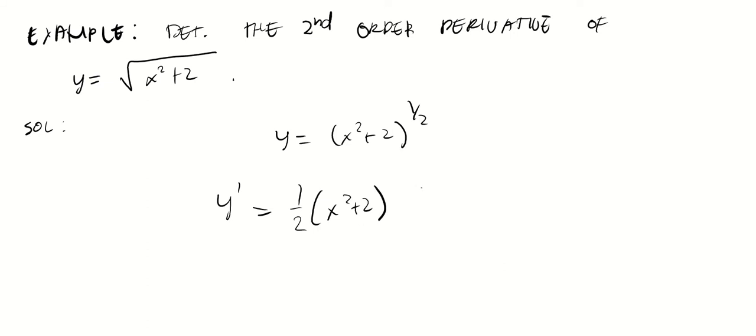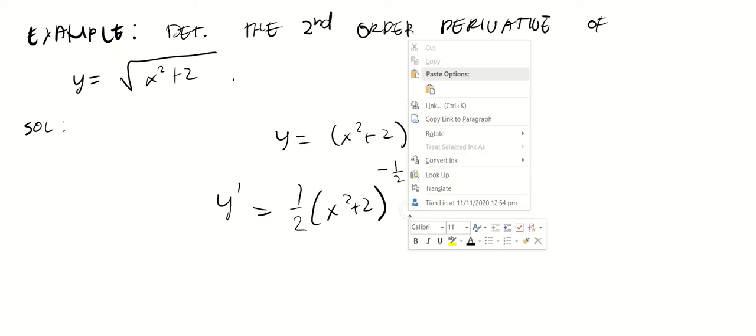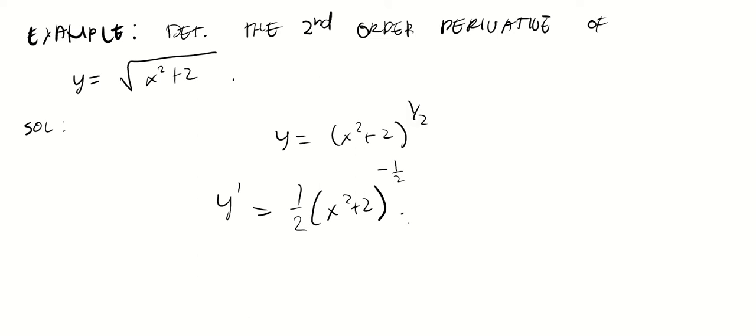Then we subtract 1 from the exponent. The original exponent is 1 half, minus 1 is negative 1 half. That's the general power rule. Now, if we apply the chain rule, we still need to multiply this with the derivative of the function inside this quantity here. And the derivative of x squared plus 2 is just equal to 2x.